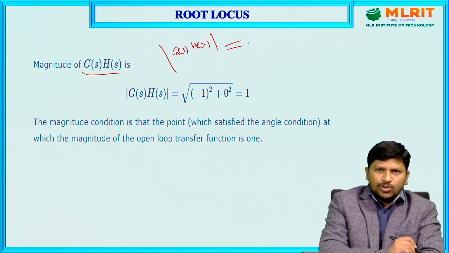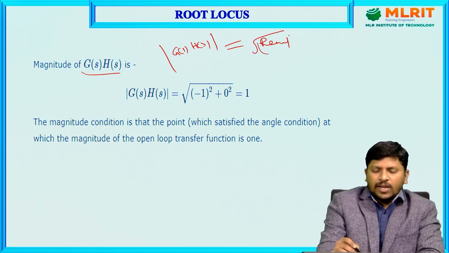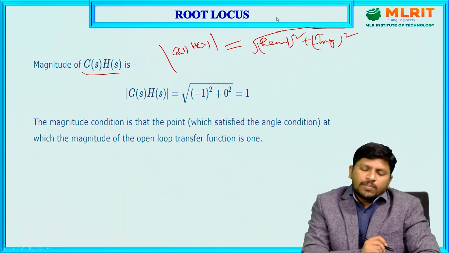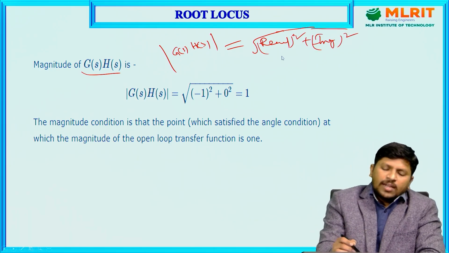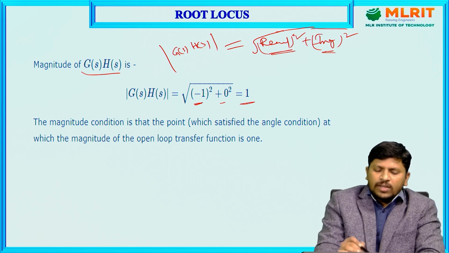that is the magnitude value, that is equal to the real part squared plus the imaginary part whole squared. The real part is nothing but what? Minus 1 whole squared. The imaginary part is 0, 0 squared. So you will get 1.